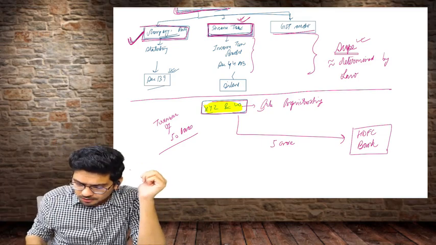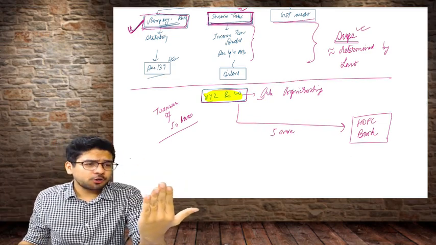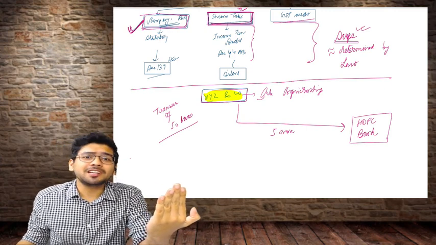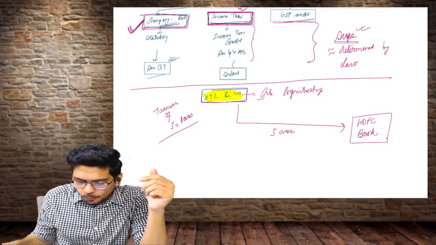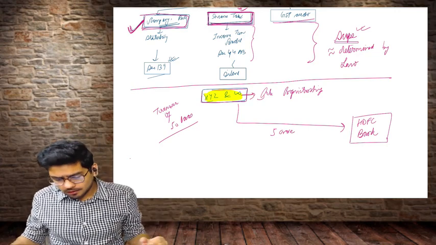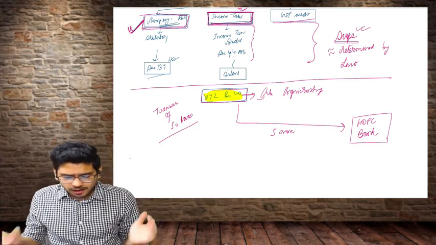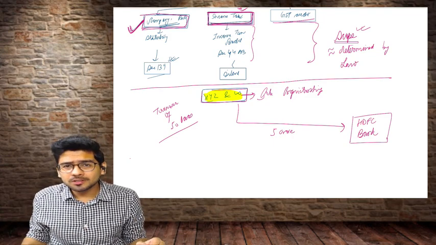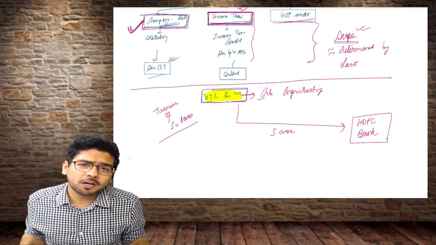Now what happens? The HDFC Bank manager looks at the financials and says, "Oh, your financials are not audited. What is the reason?" The proprietor will say that we are a sole proprietorship concern, and because my turnover in the financial year did not exceed 1 crore rupees, I'm not required to get my books of accounts audited.